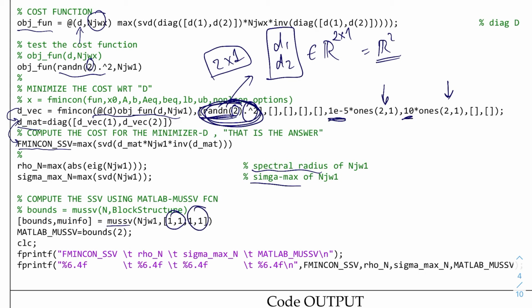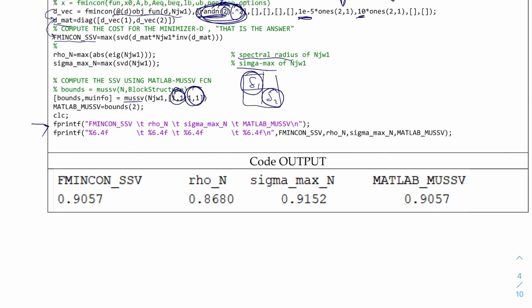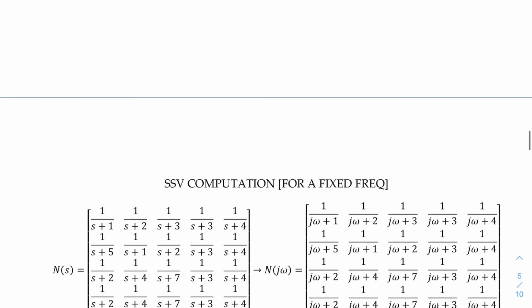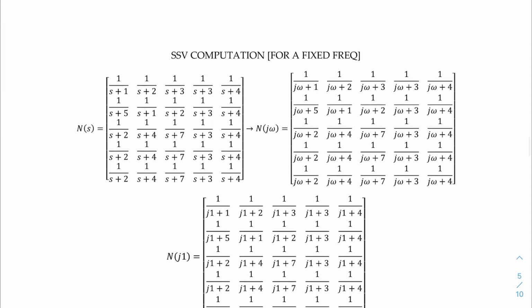And this is the structure. Let me write that. This is 1 by 1, and this is 1 by 1. And just using the display command, MATLAB's mu SSV and FMINCON, the SSV that we computed, they are the same.